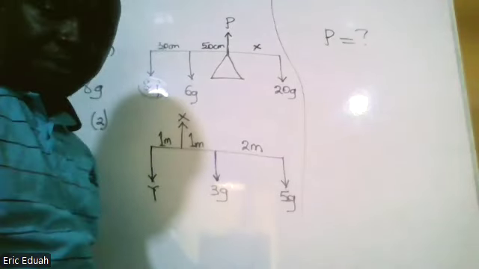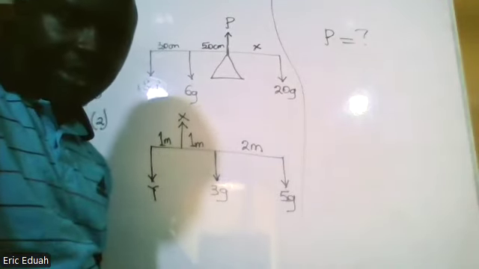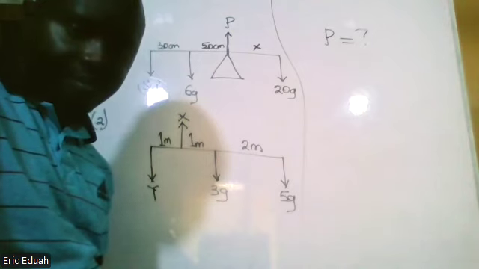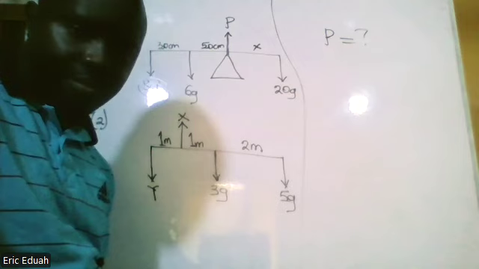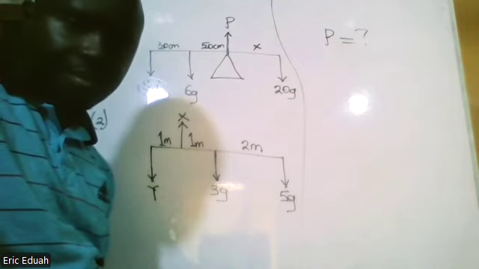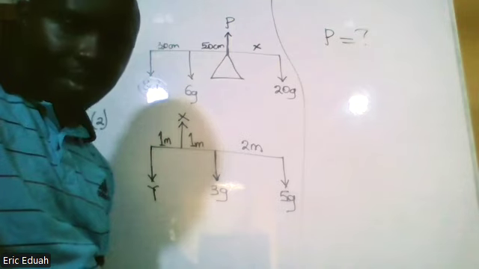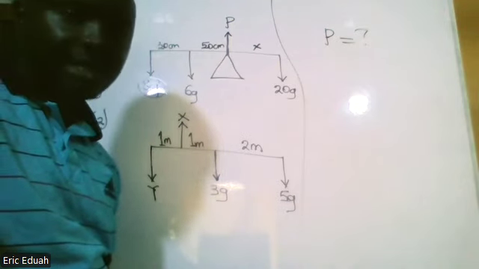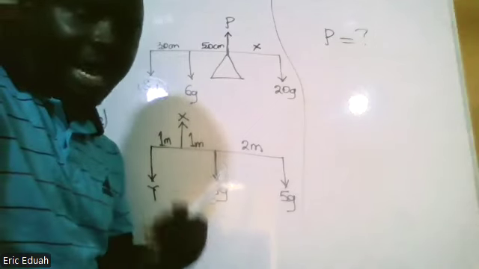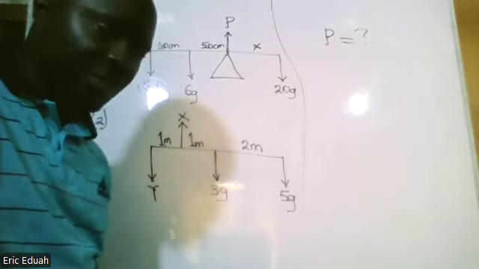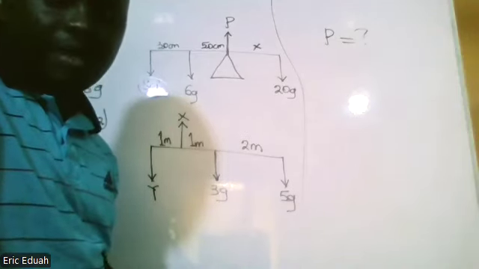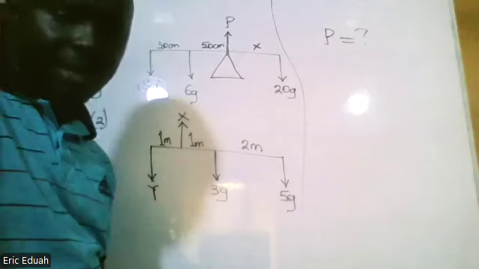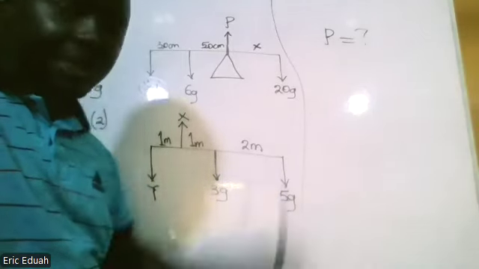What did you make for P? Anybody? Oh, I don't like this, your silence. Let's share ideas. Getting it wrong is part of learning. Share whatever you've done, your work. What did you make for P?